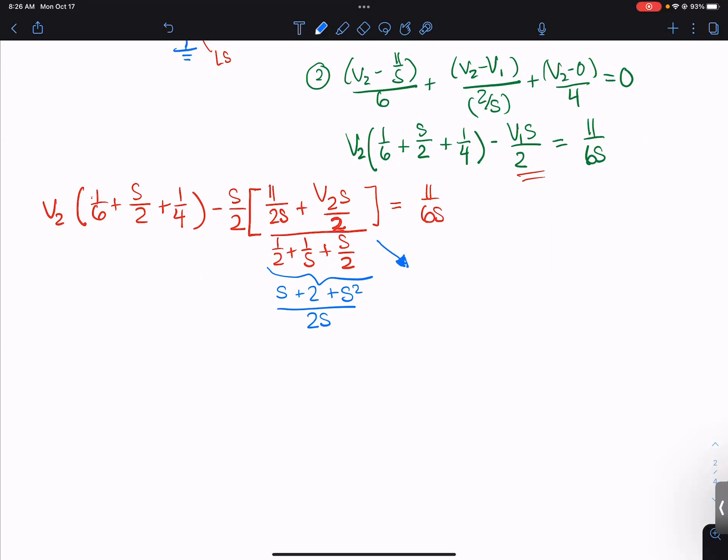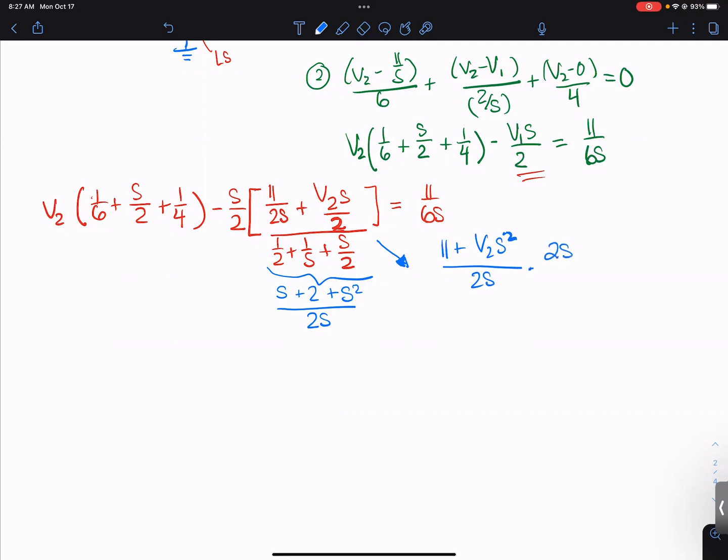So this becomes, wait a minute, 11 plus S squared over 2S. So add an S to get those, and then you can flip the other side.